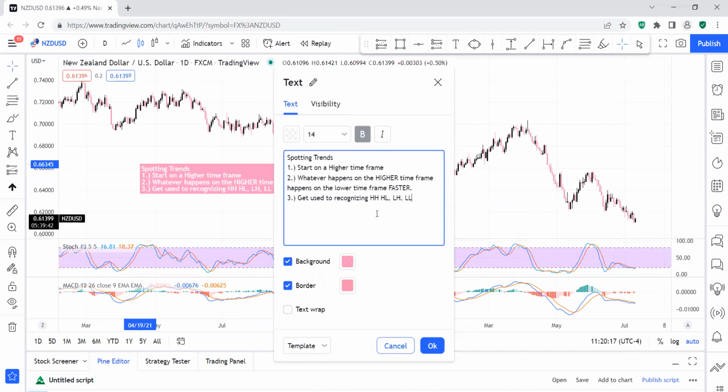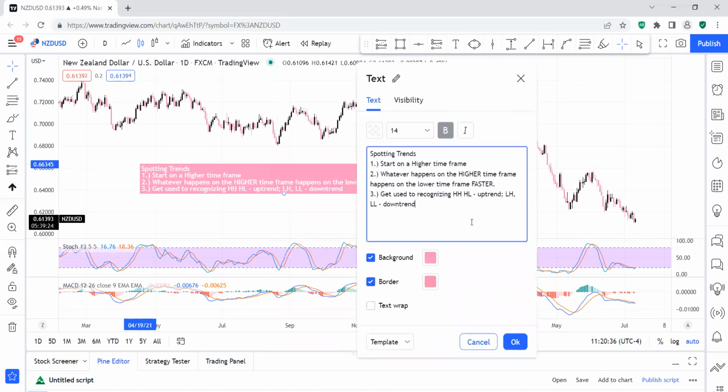There we go. So higher highs, higher lows, lower highs, lower lows. Higher highs are for your uptrend, and lower highs and lower lows are for your downtrend. So those are my notes for you guys.